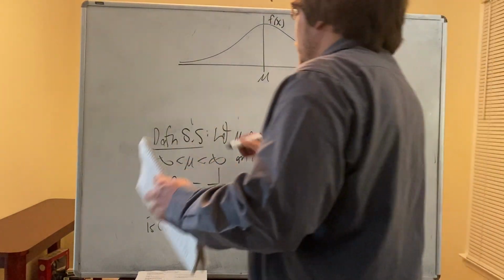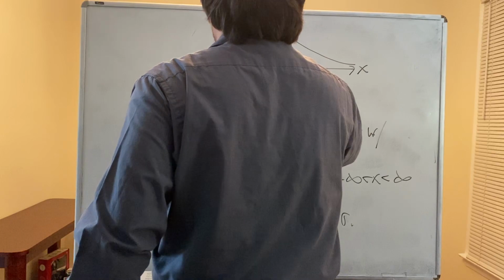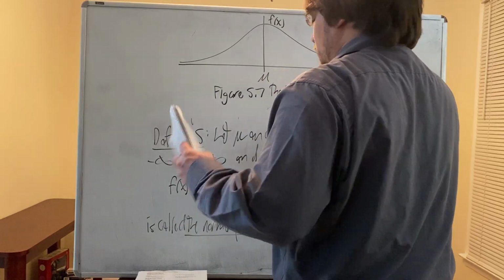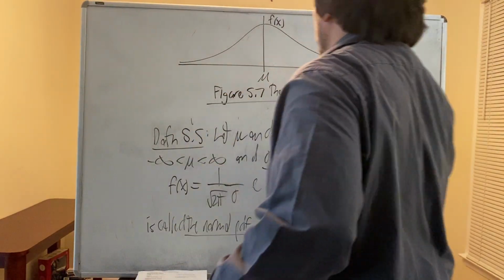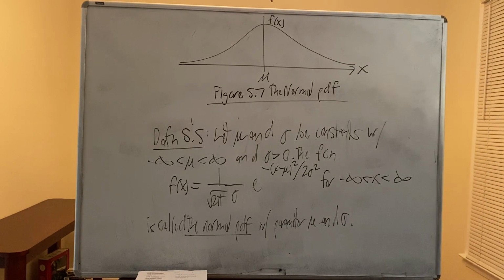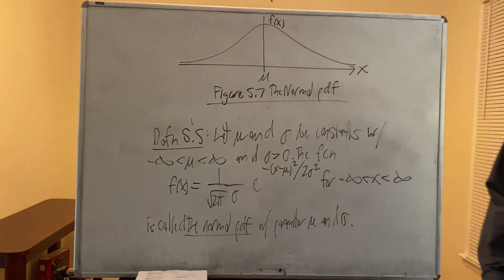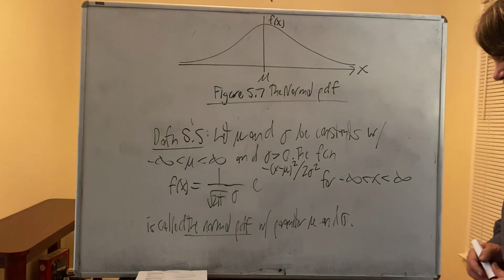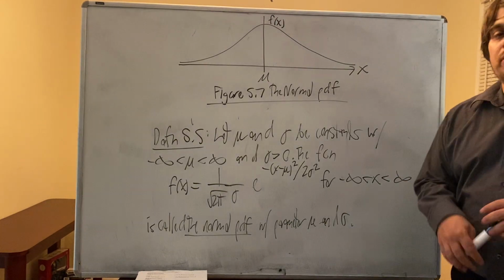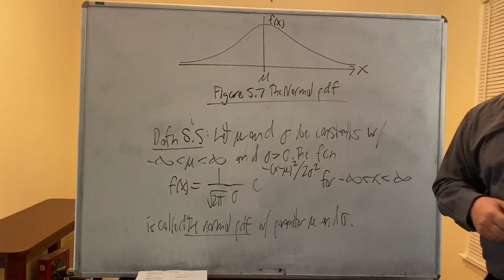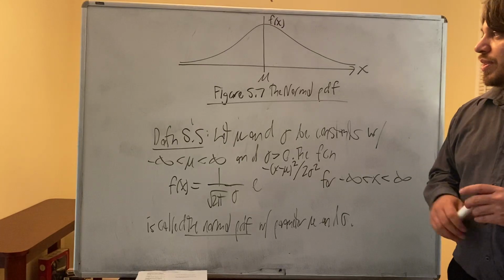Figure 5.7, a normal PDF. That's what the probability density function looks like when it's a normal PDF. Mu is right in the middle there, and it's symmetric about that axis. This is the most important PDF in probability because there are so many situations that it models in the real world. So this is extremely important.